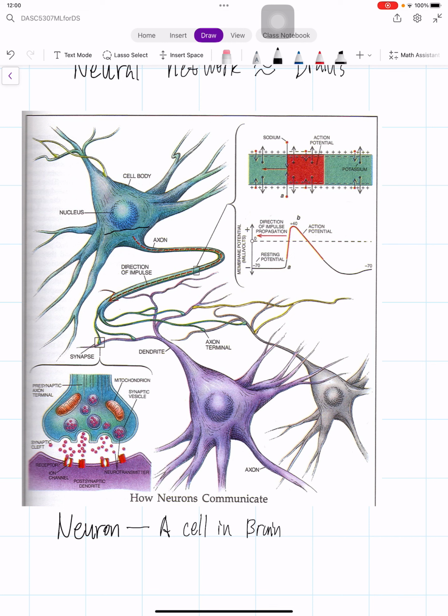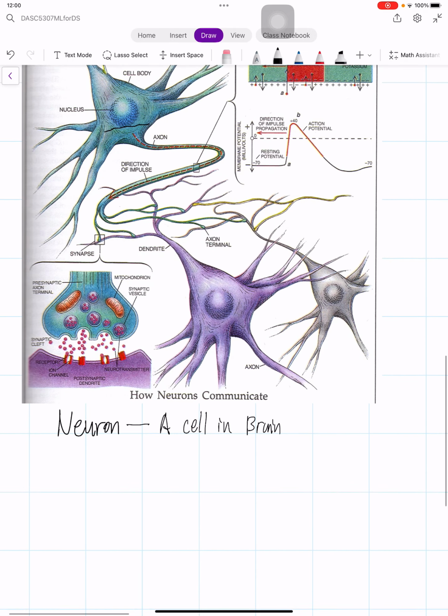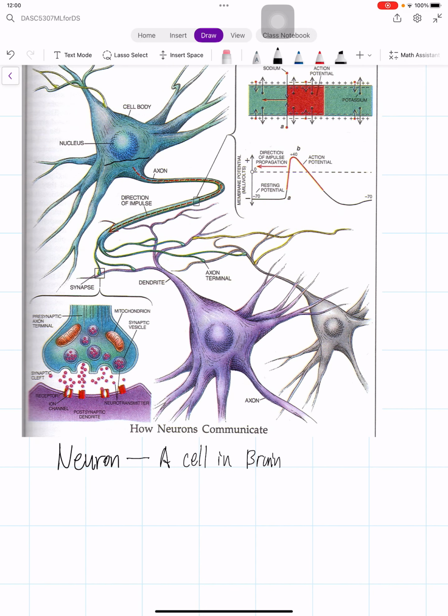An action potential, or spike, is an electrochemical impulse fired by the neuron to communicate with other neurons.